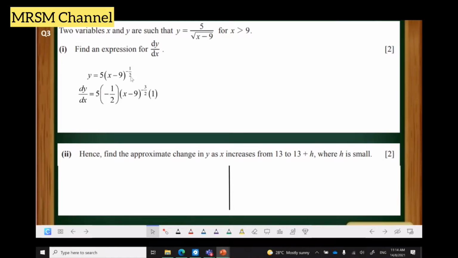Sekarang ni what happened to the index when you differentiate, we minus 1. Okay, so we minus 1. So once you minus 1, you will get negative 3 over 2. And then after that, kita differentiate pula dalam bracket ni, differentiate x minus 9, dapat 1. But if you do not show 1 ni, kita boleh terima sebab differentiate x kita dapat 1.